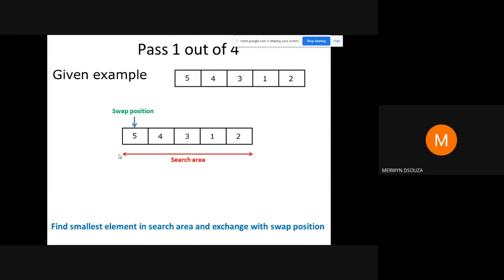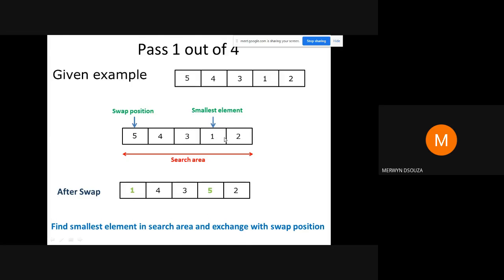Once you have identified your search area and your swap position, next you have to find the smallest element present in the search area. Your smallest element in the search area is 1. Identify that. Then your next step is to exchange these two values: you swap 1 with 5.